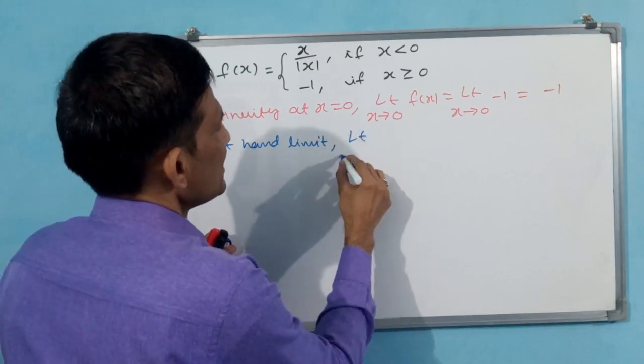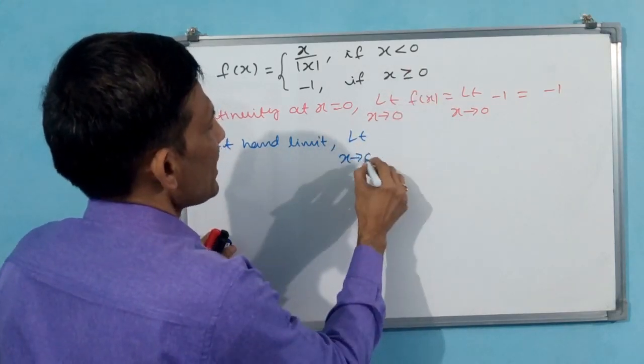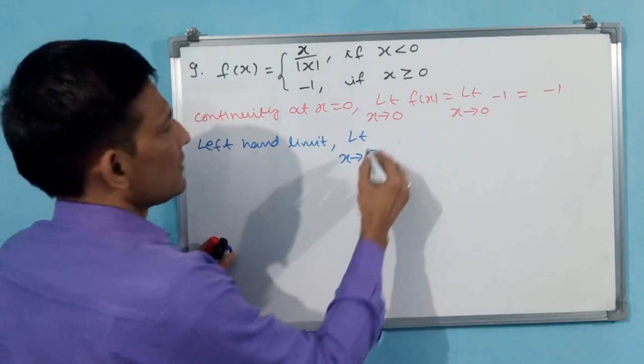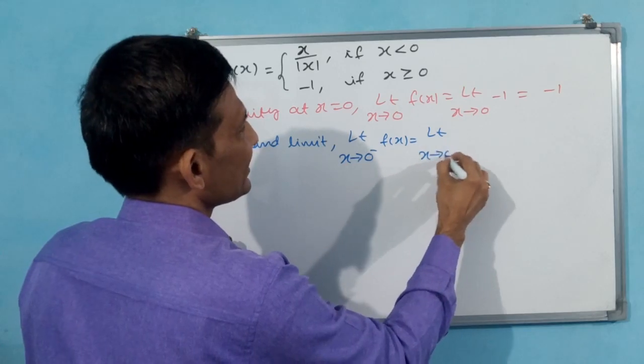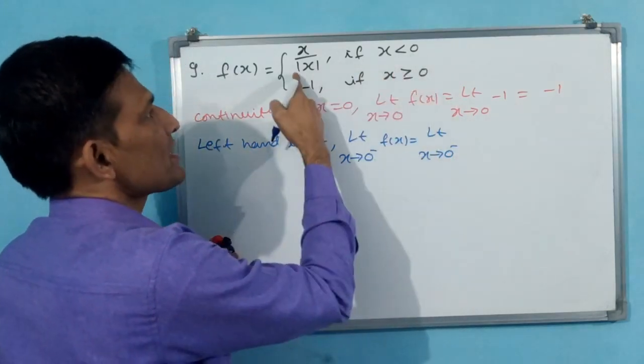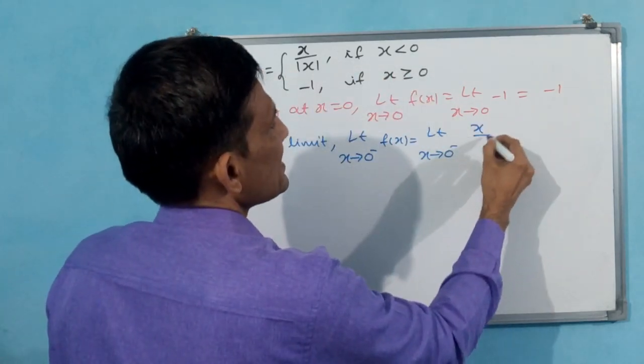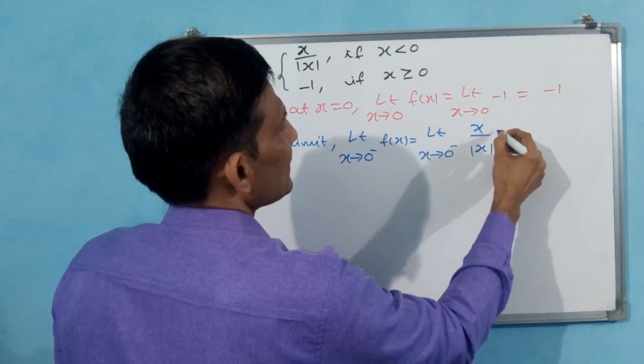Limit x tends to 0 minus f of x, that is equal to limit x tends to 0 minus, see 0 minus means what is this function? This function x by modulus x.